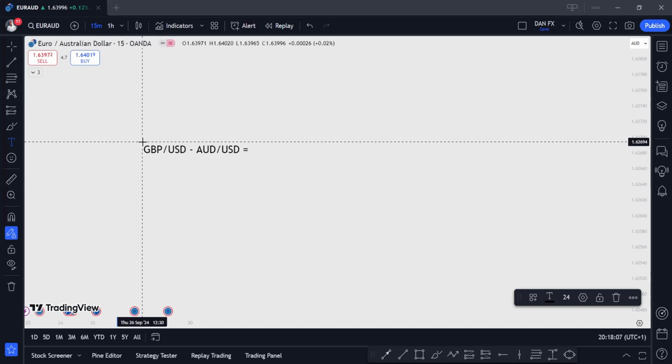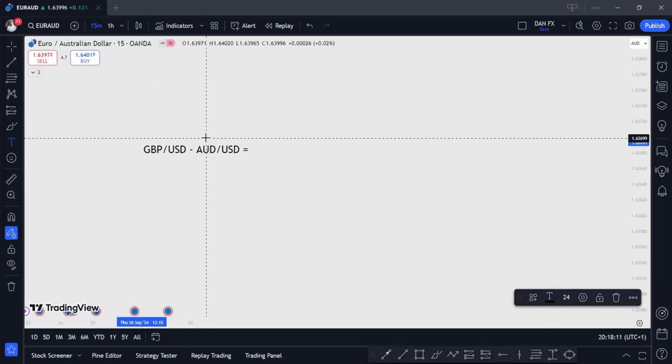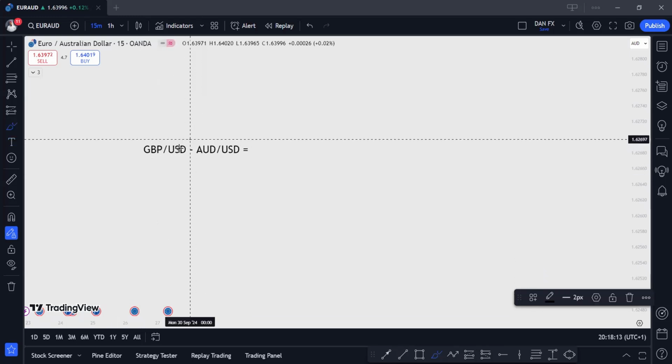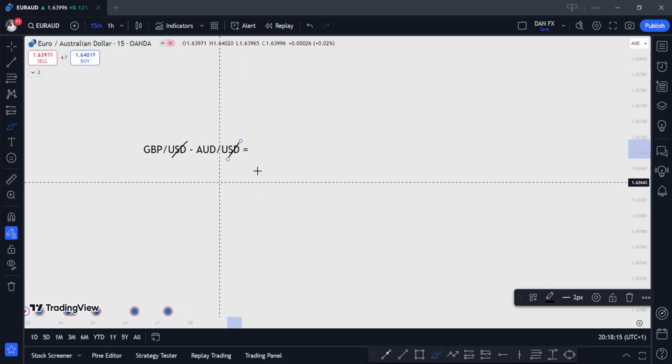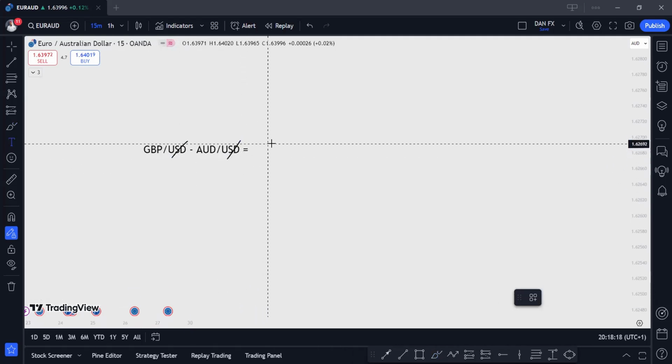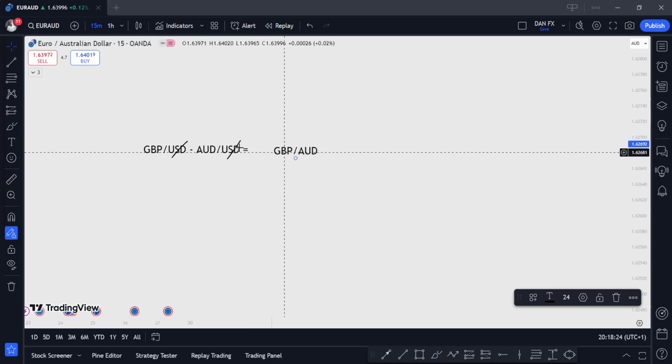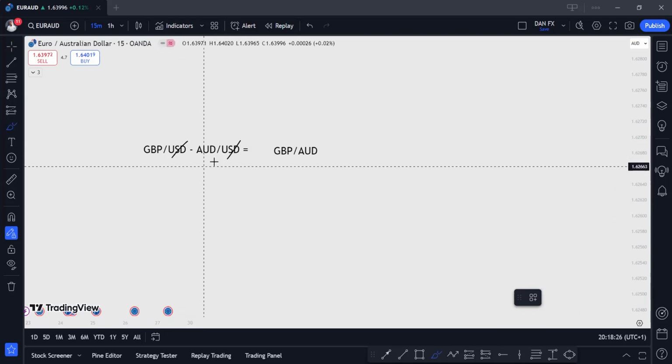What is this going to give us? Remember what I told you at the beginning. You cross out the common currency. It's going to give you what? GBP/AUD. So this is the cross pair that comes out of GBP/USD and AUD/USD.